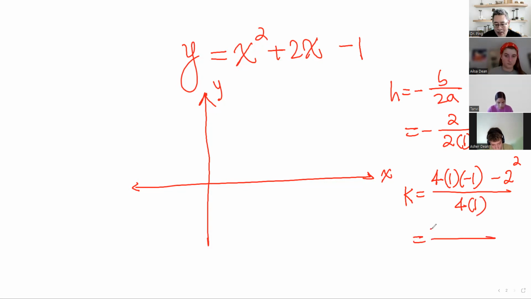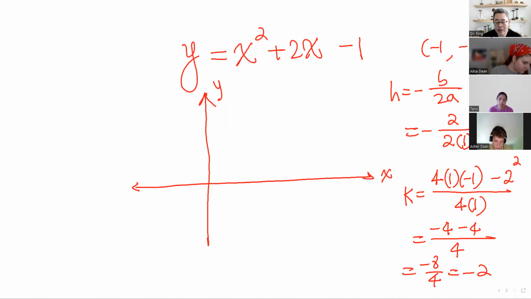So we got -4 minus 4 over 4, which is -8 over 4. That gives us -2. So we have this -1, -2. Where's -1? -1 is here. -2 is here. So that's our vertex point.